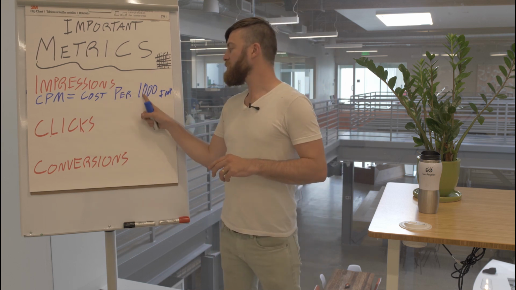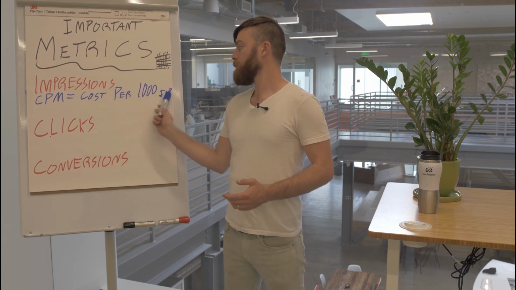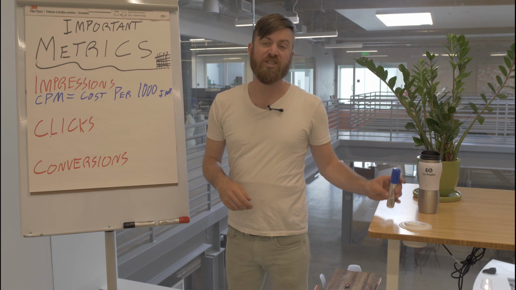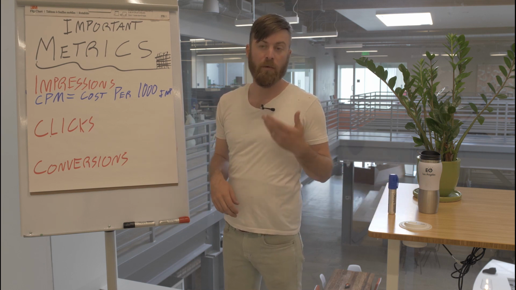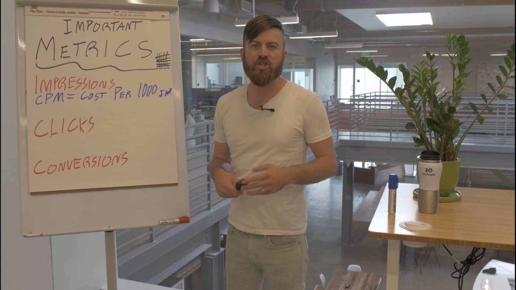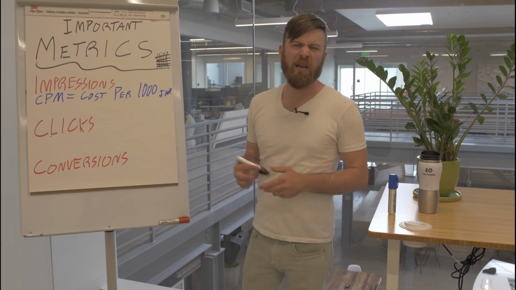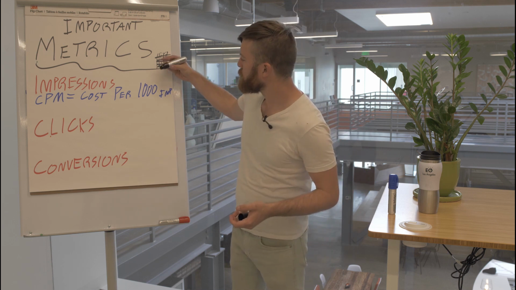So every 1,000 times your ad is shown, this is the cost. That's generally how impressions are billed. Generally speaking, an average cost per impression on an ad network might be $1, okay?